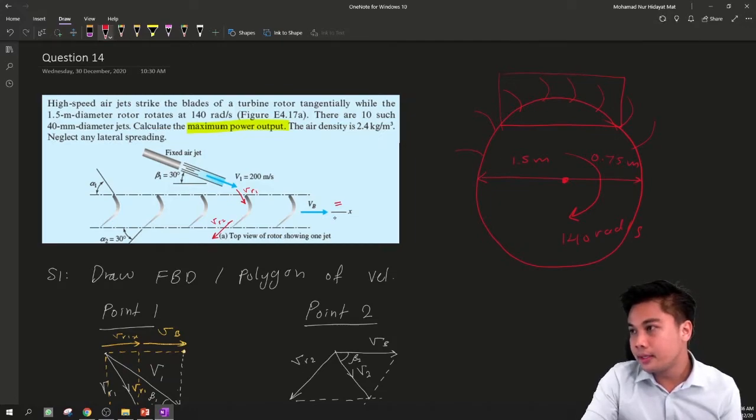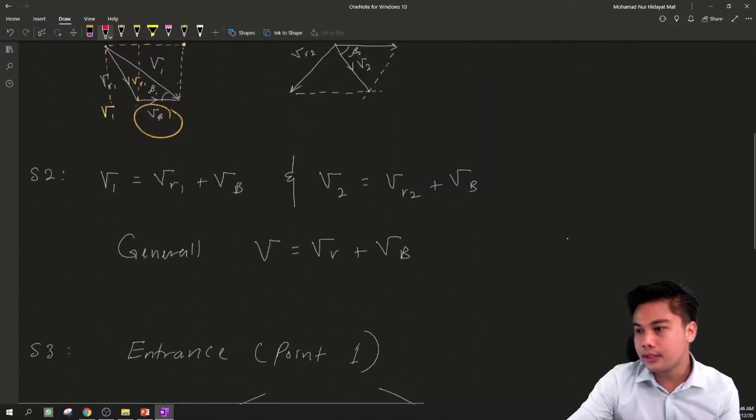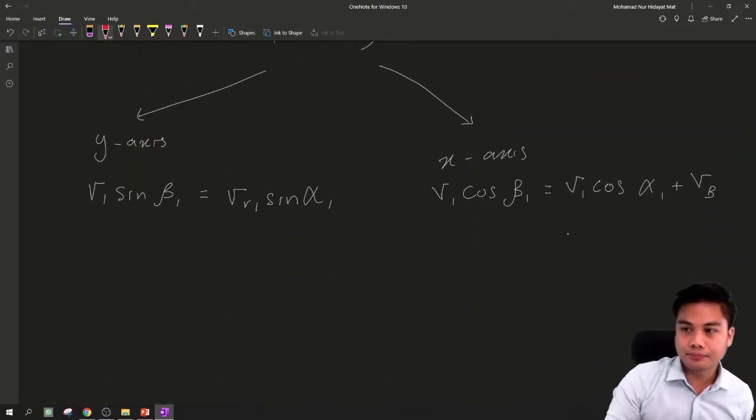To get the tangential VB, VB equals R omega. So radius 0.75 multiplied by 140. Let's substitute on this part.